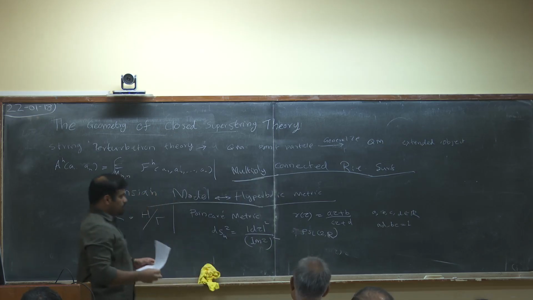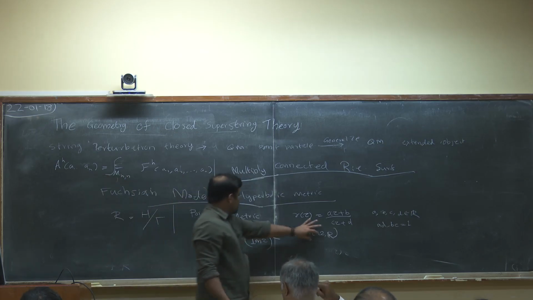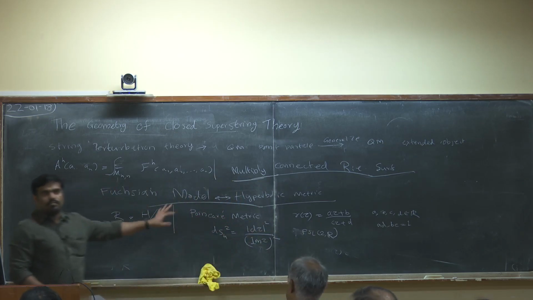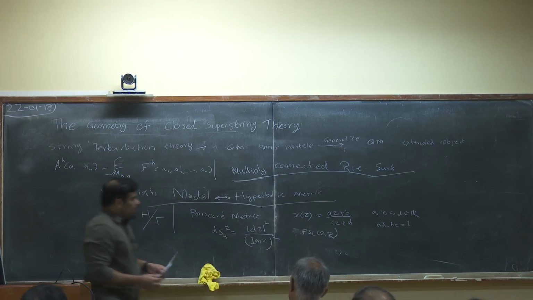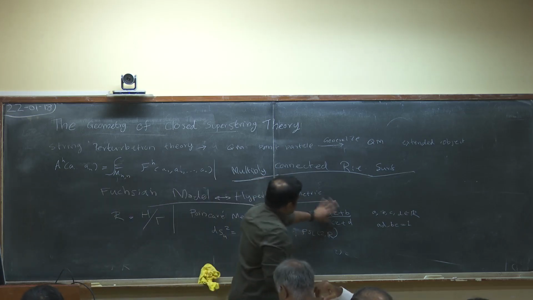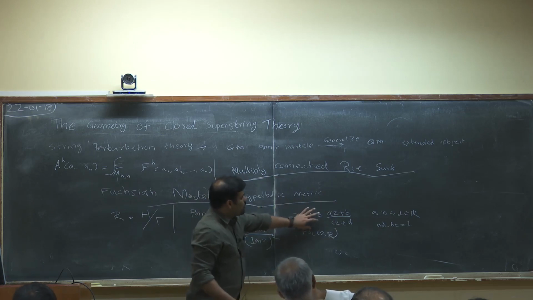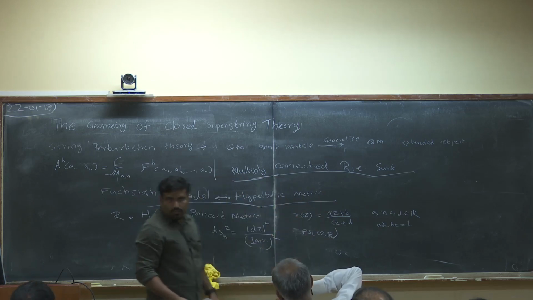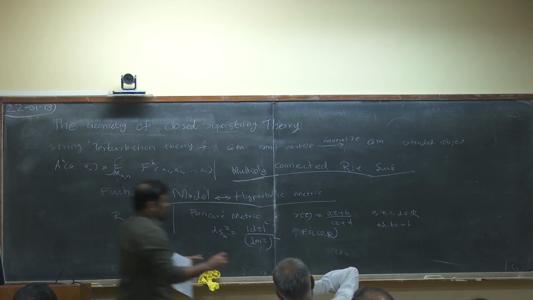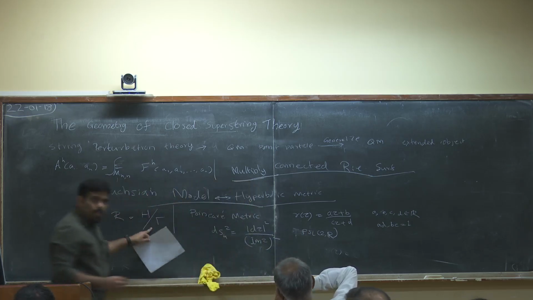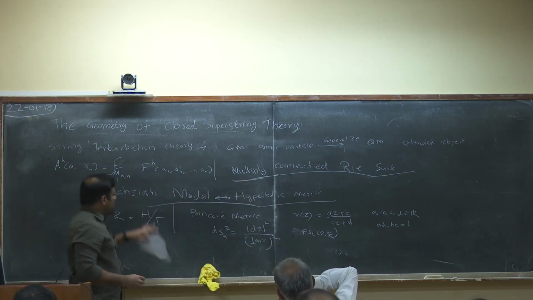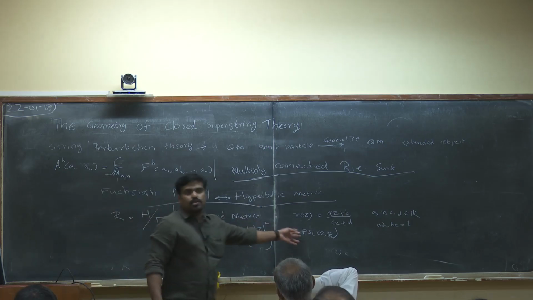This is the diffeomorphism group of the Poincare metric defined on the upper half plane. Now one can consider a normal subgroup of PSL(2,R). Let me denote that subgroup as Γ. Now I can identify the upper half plane using a subgroup of PSL(2,R).